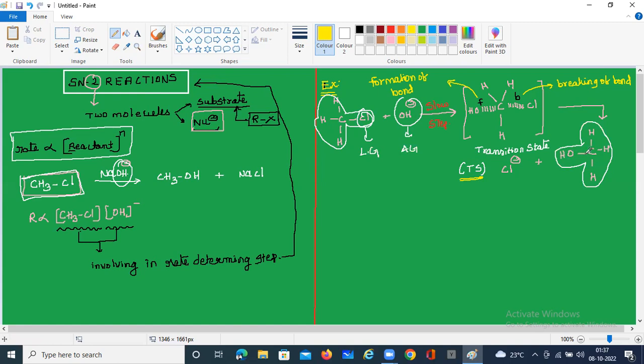The formation of the product is mainly dependent on the formation of the transition state, which is obtained by the slow step of combining two molecules: one substrate and another the reagent, the nucleophile.